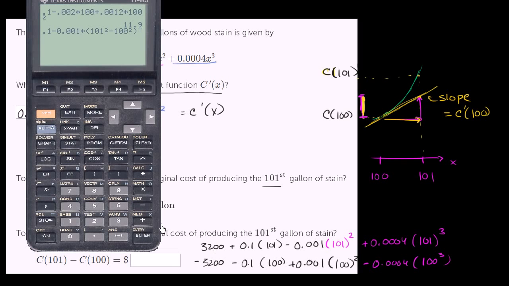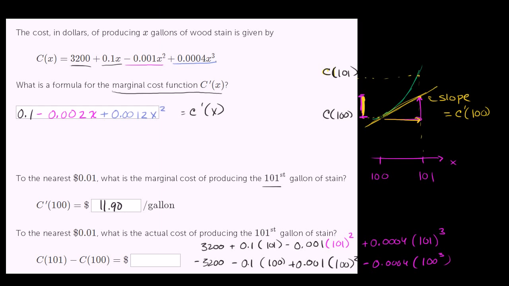And then we have plus 0.0004 times 101 to the third power minus 100 to the third power. That gives us, they said to the nearest penny, $12.02.